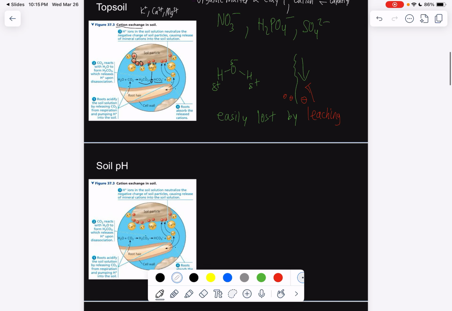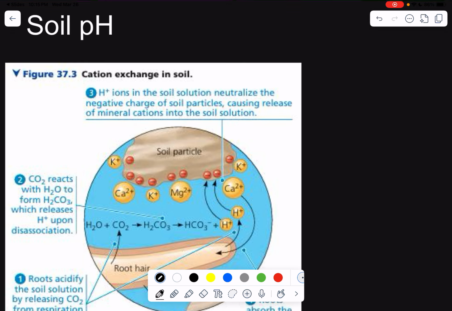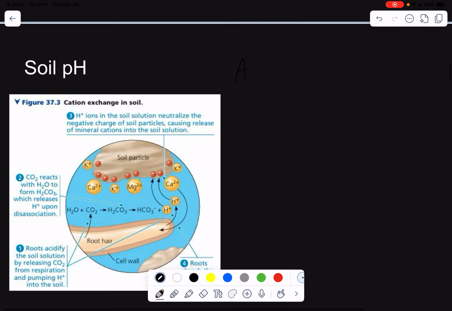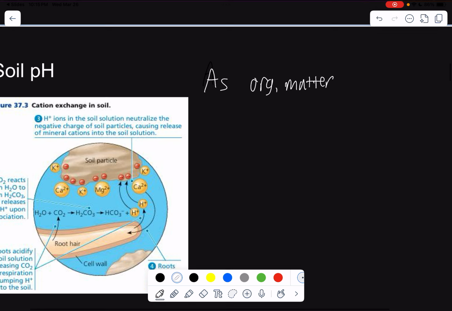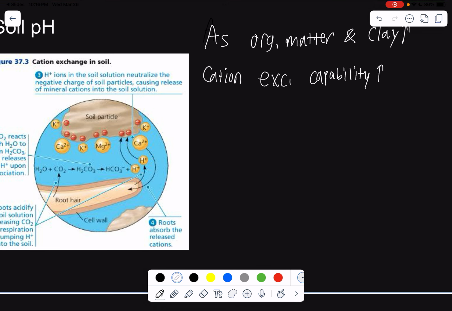Now let's write it again for the sake of clarity. In general, as organic matter and clay increase, the cation exchange capacity will also increase. That is because clay particles have a high surface area to volume ratio, so they allow for ample cation binding.